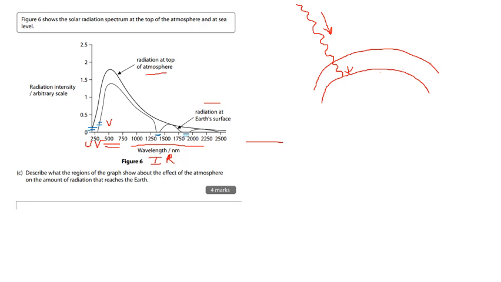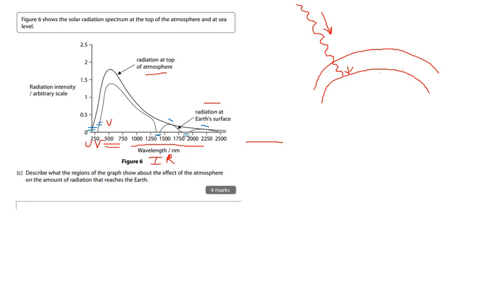That is absorbed by water in the Earth's atmosphere, by clouds, if you like. But then some infrared does get through. This infrared gets through, this infrared gets through.